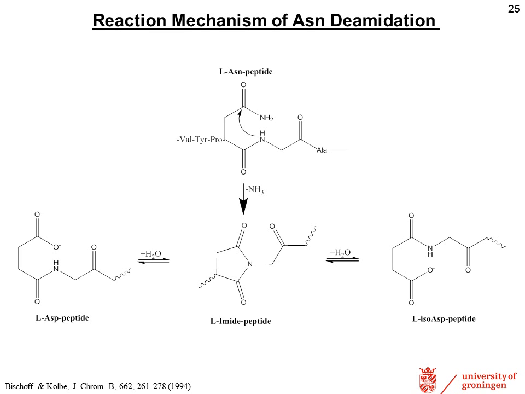Looking again at the reaction mechanism of asparagine deamidation, we should focus on the L-imide, the succinimide intermediate. As you can see, it's formed by an intramolecular nucleophilic attack and with the loss of ammonia. Now ammonia has a mass of 17, so this was a very likely explanation of what we were seeing.